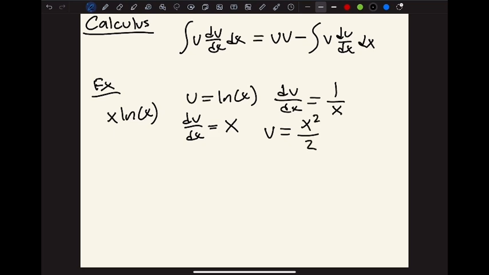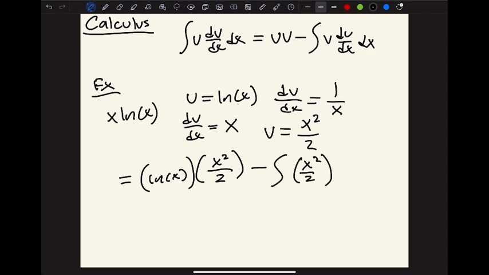Now that we have all these variables, we just have to plug them into the equation. So that would be u, which is ln x, times v, which is x squared over 2, minus the integral of v, which is x squared over 2, multiplied by 1 over x dx.